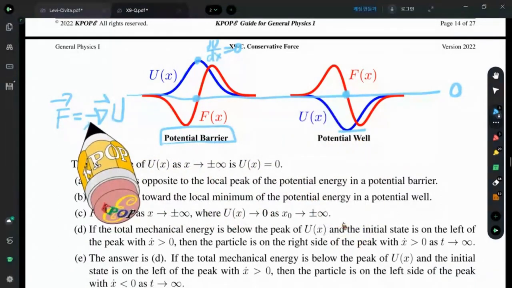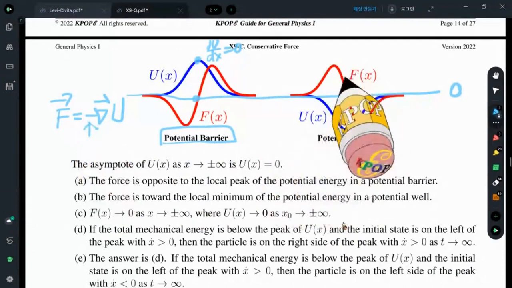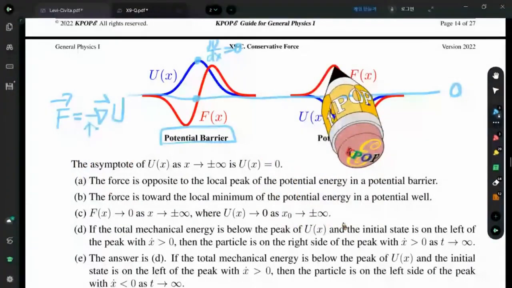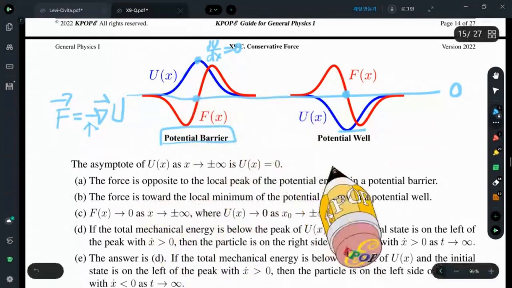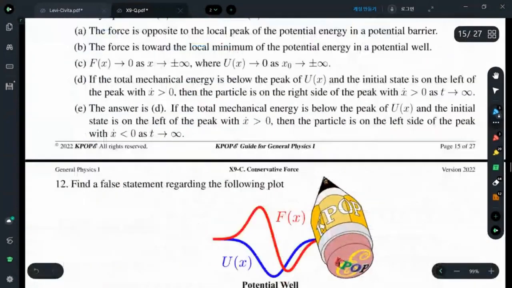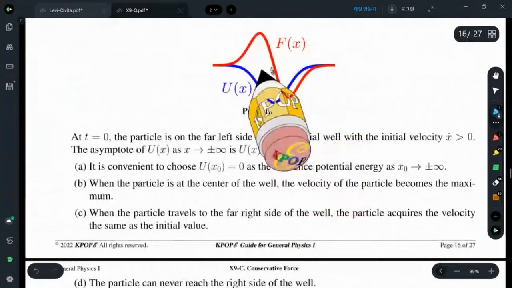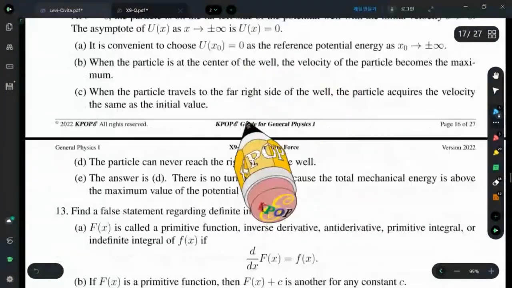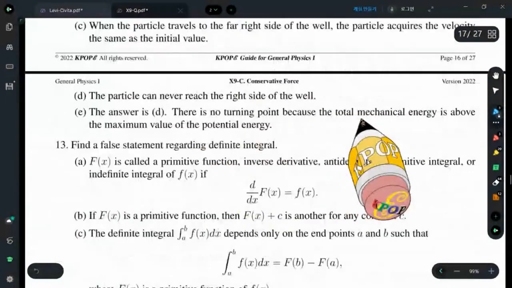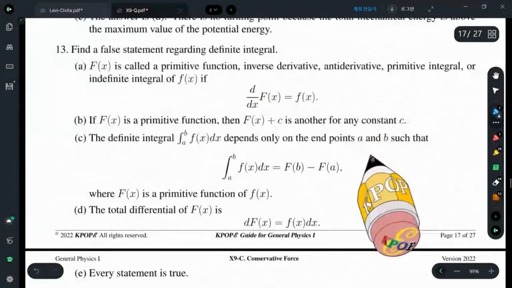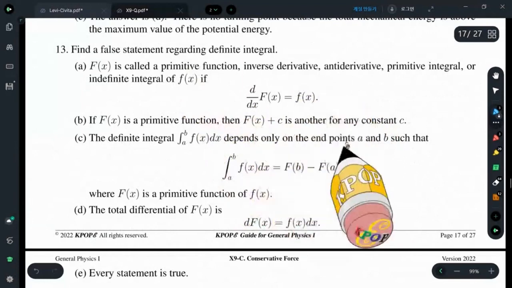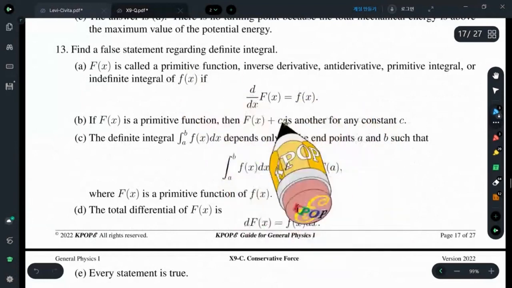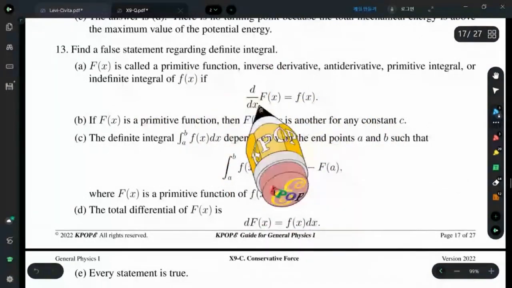I need to put the negative sign on it. So force is positive in this region. In such a manner, we can solve this problem with ease. And this is another similar problem, so you can do it yourself. This is a trivial problem of that indefinite integral.